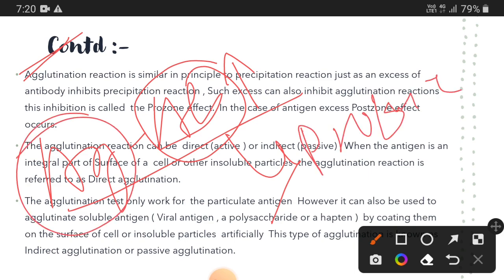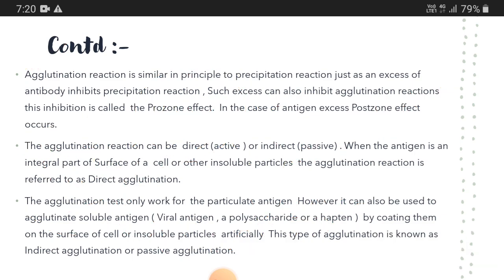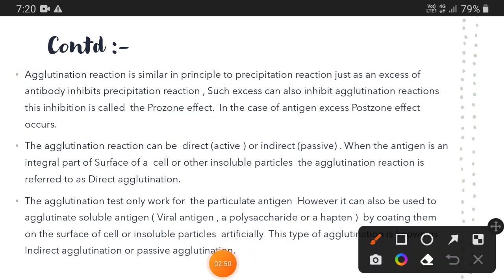And if antigen is in excess amount, then the inhibition is referred to as postzone effect. So if antigen is in excess, it is the postzone effect; if antibody is in excess, the inhibition is the prozone effect. You have to keep prozone and postzone effect in your mind.